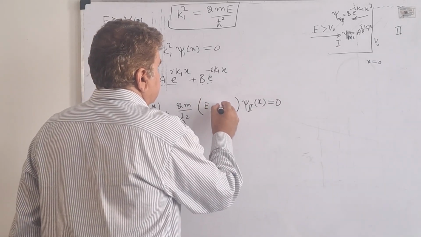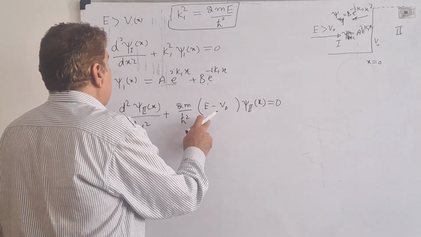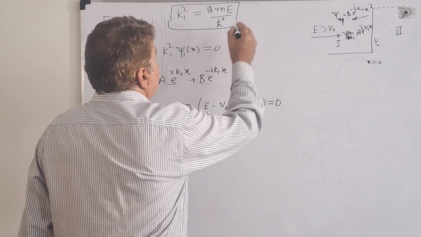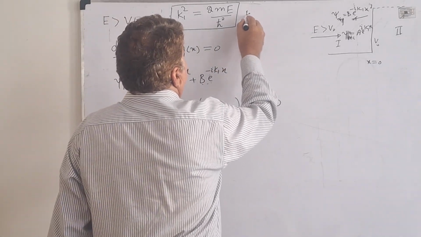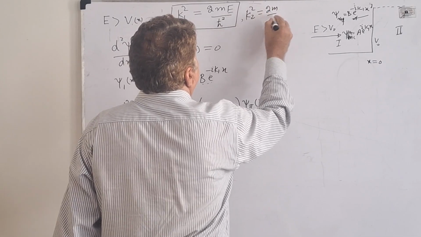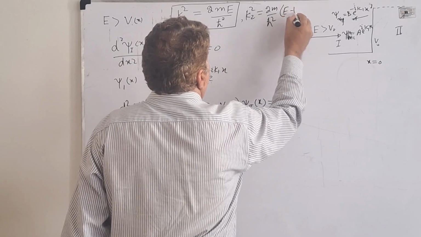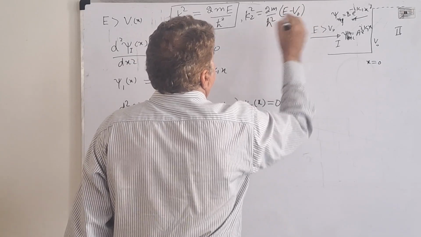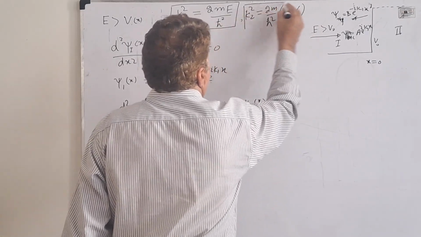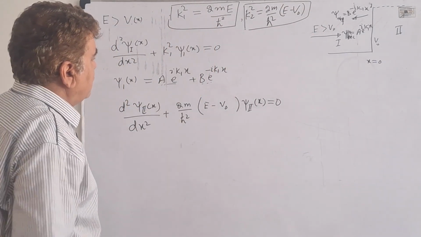E minus V naught. And then we defined an energy parameter k2 in the form k2 squared equals 2m divided by h bar squared into E minus V naught. I'll use this one as well later on, so I put that for the record over there.